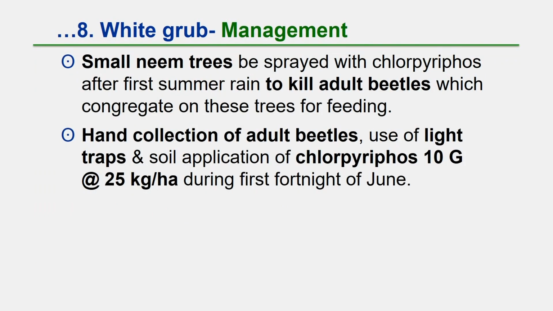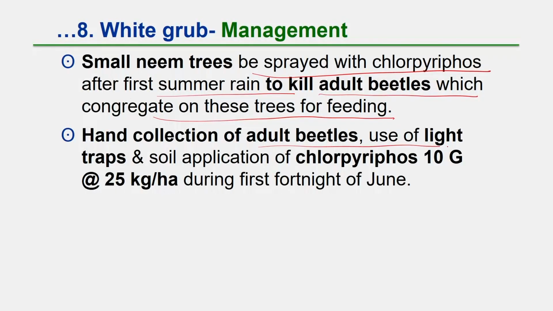Small neem trees should be sprayed with chlorpyrifos after the first summer rain to kill adult beetles which congregate on these trees for feeding. If you are growing a sugarcane crop and have neem trees around it, you should take care of controlling the beetles, because the beetles, the parents of the grub, like to live on the neem tree.